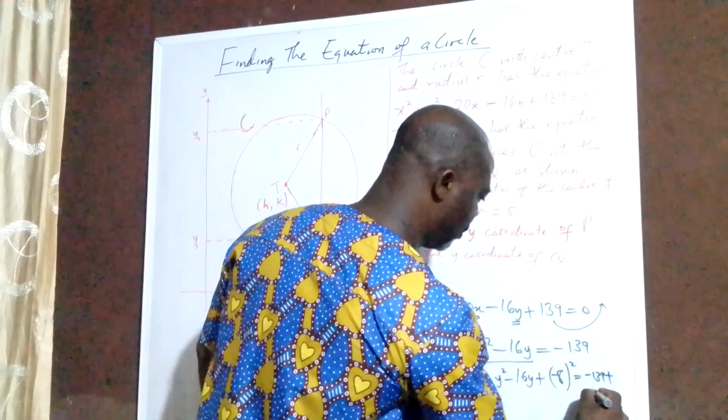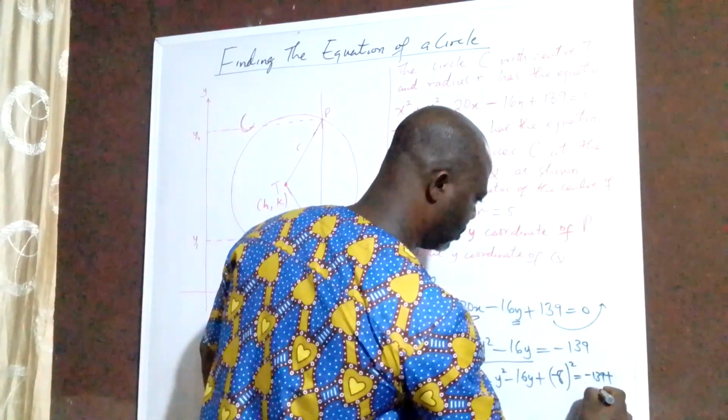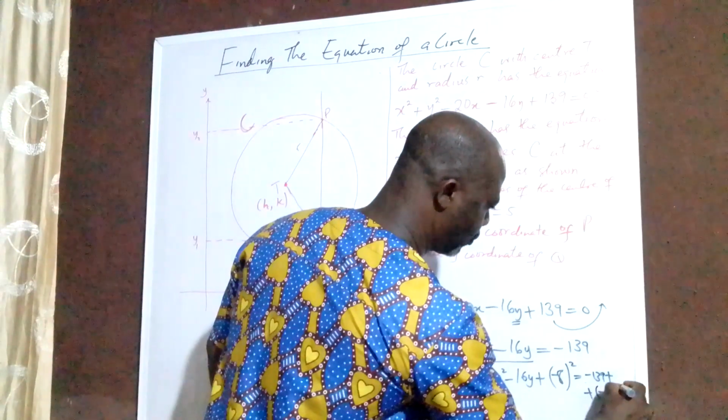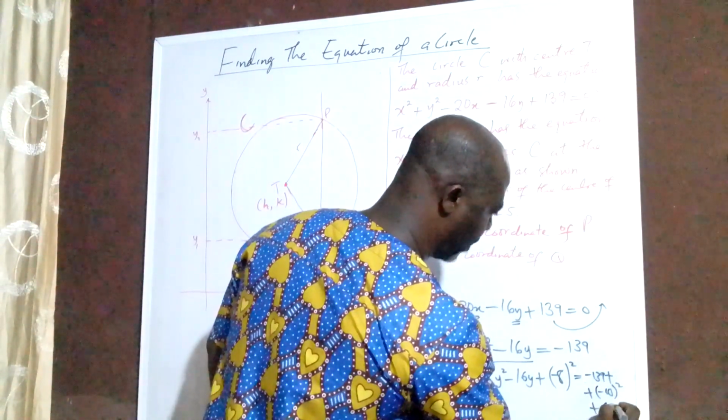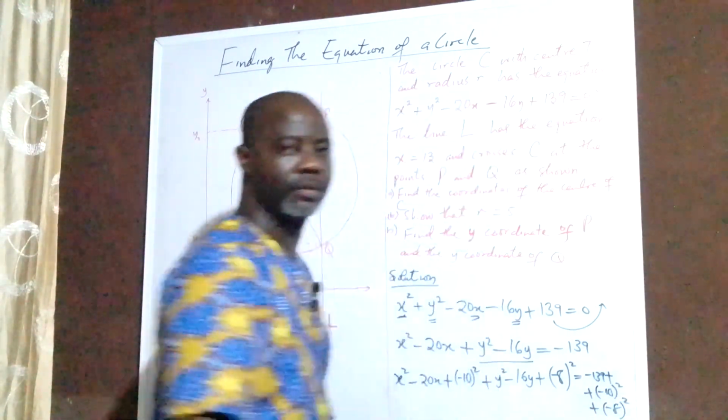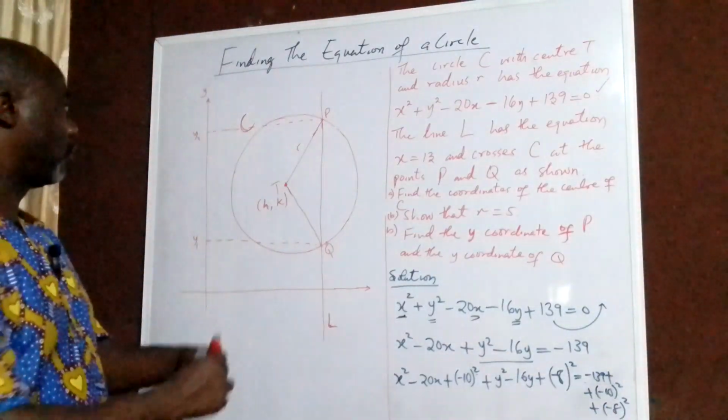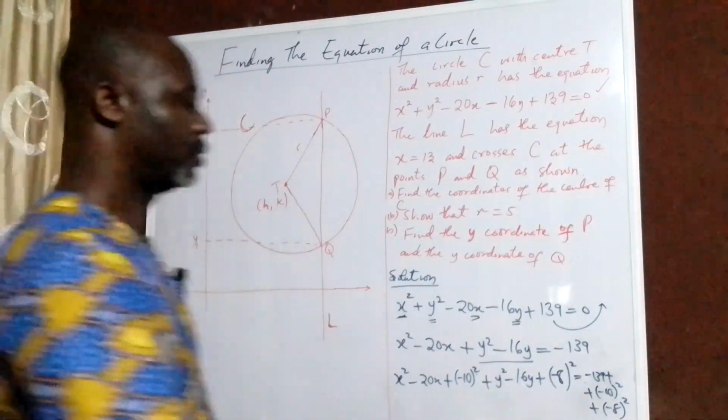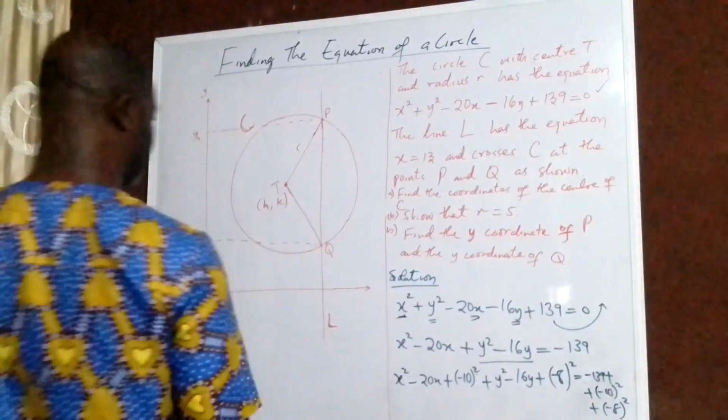So I have plus minus 10 squared plus minus 8 squared. So that's what we have here.